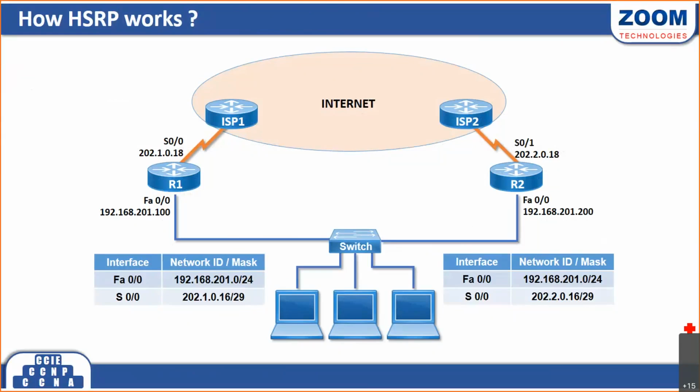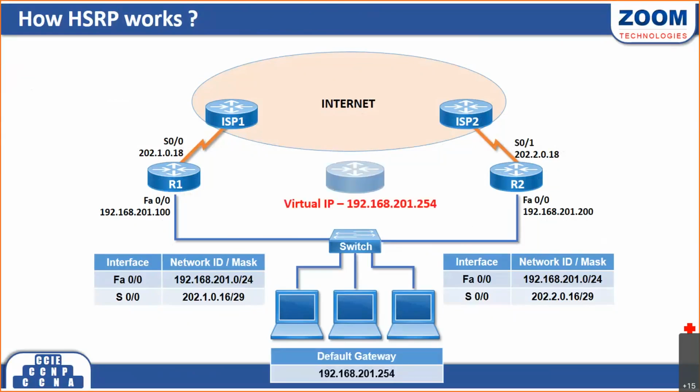We can't say, because we don't know the priority values of R1 and R2, right? Now I have defined the priority values. Then which one is active? R1. R1 is active, R2 is standby. Okay.